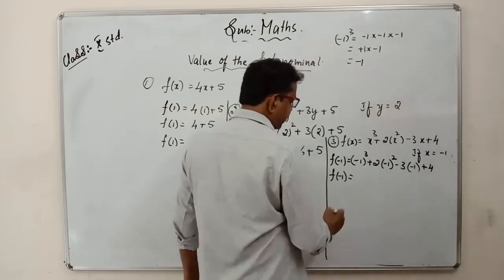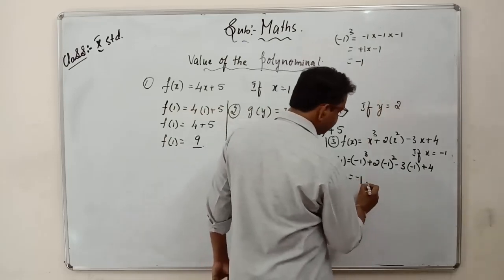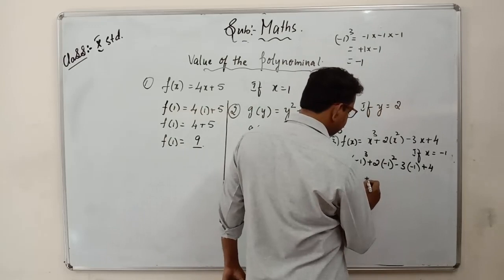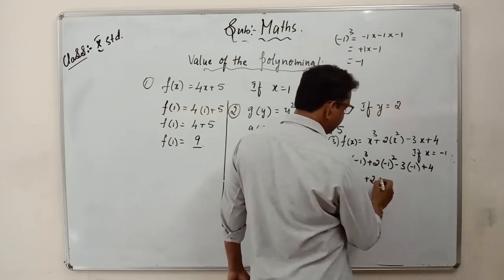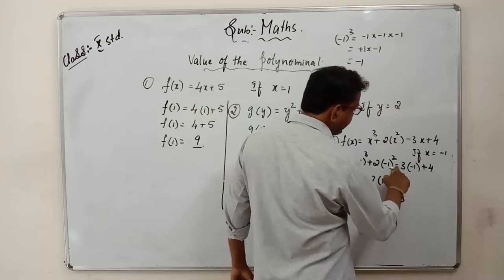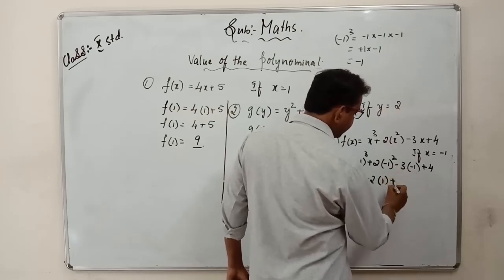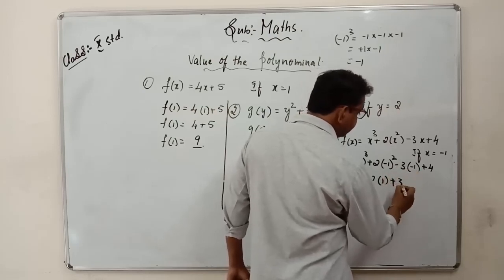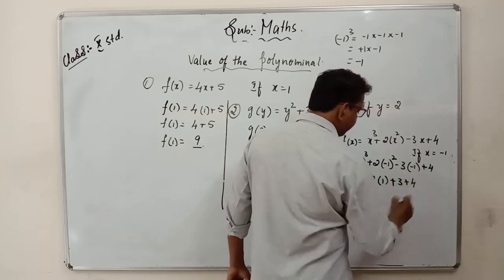So again you get here minus 1, plus 2 of minus 1 whole square is 1, and we have minus into minus gives plus, 3 into 1 is 3, plus 4.